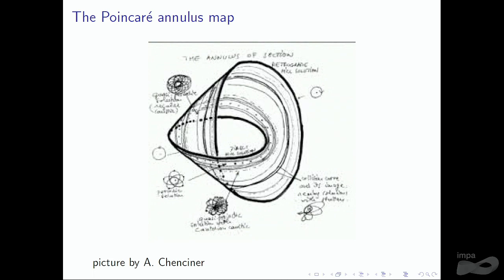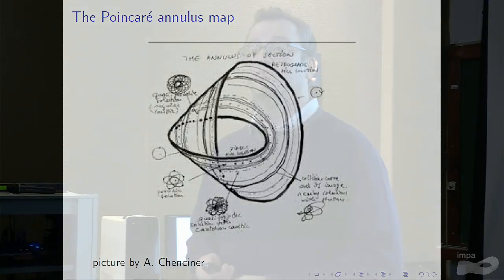So it's a long history about the proof of this theorem. I cannot give a complete proof of this statement here, but I can give an idea of why this theorem works in a situation which is close to the situation that Poincaré worked with.